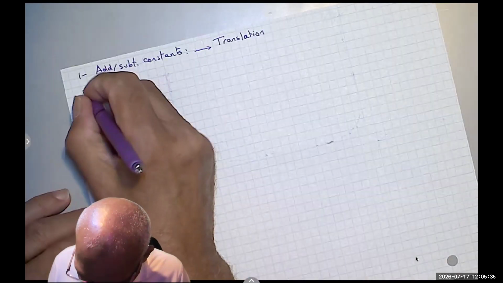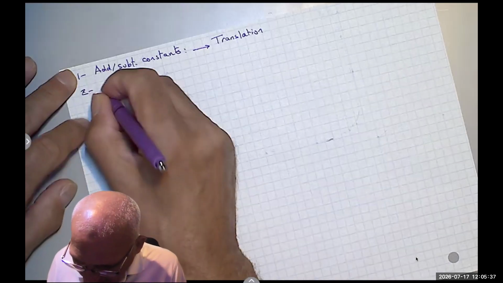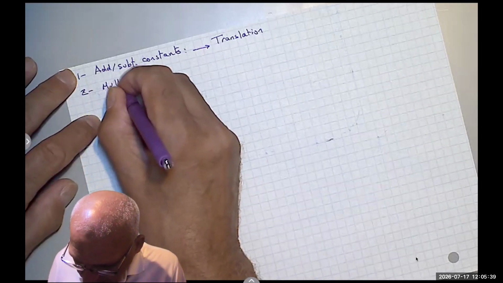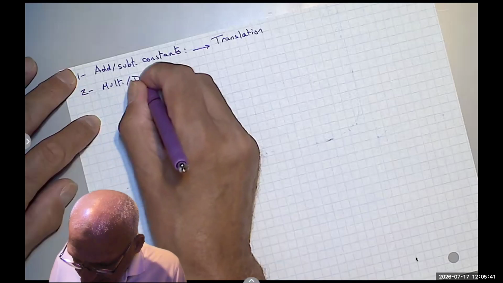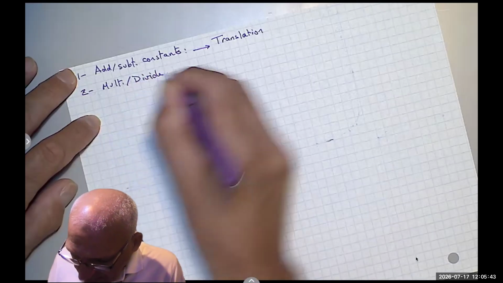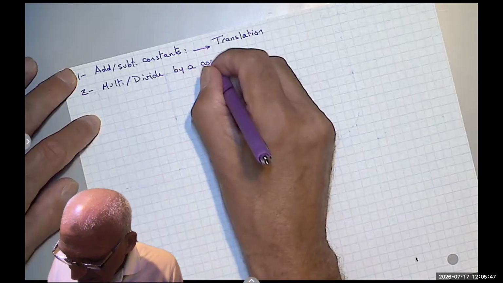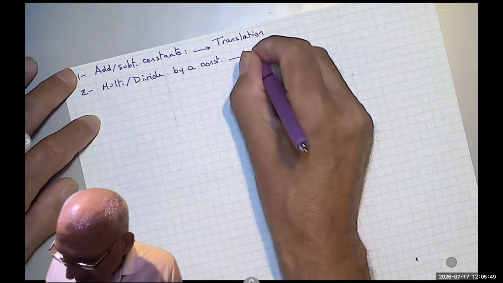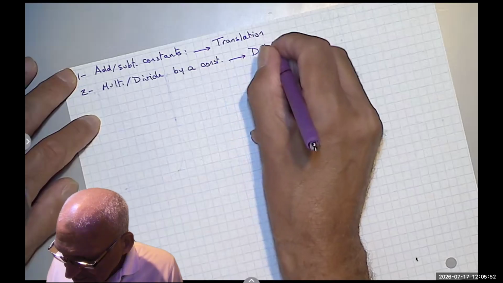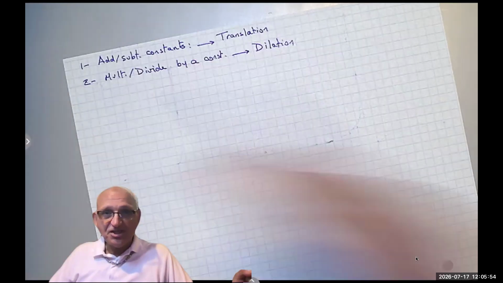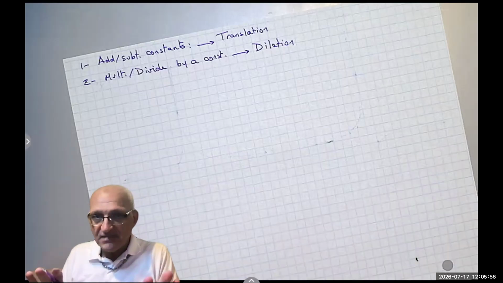Number two, if I multiply or divide by a constant, that is dilation, either stretching or shrinking. That's it.